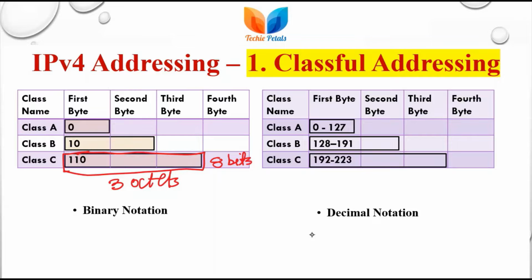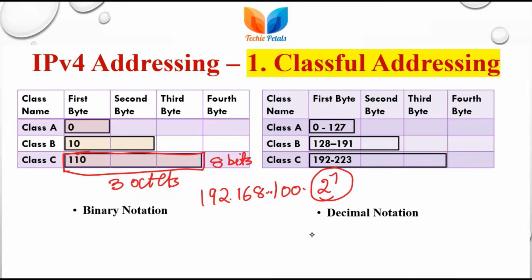Suppose we have a class C network ID as 192.168.100. Here we have some host ID. So if we have this network ID, then we can have 2^8 combinations for the host ID here, right?